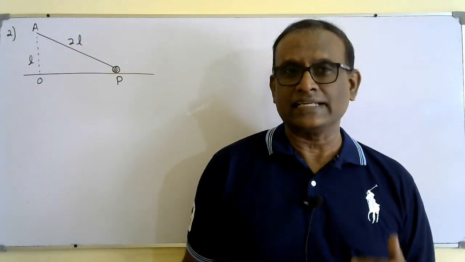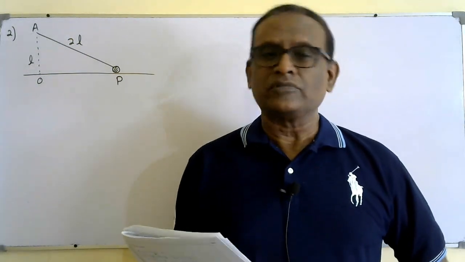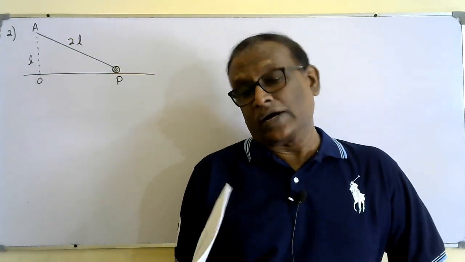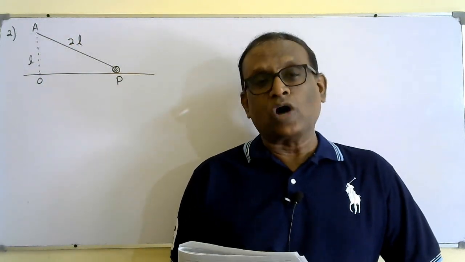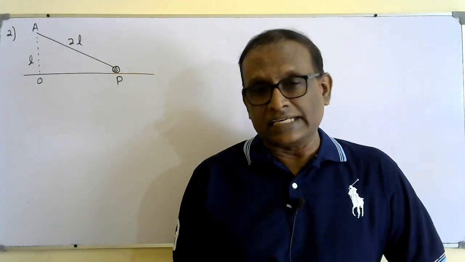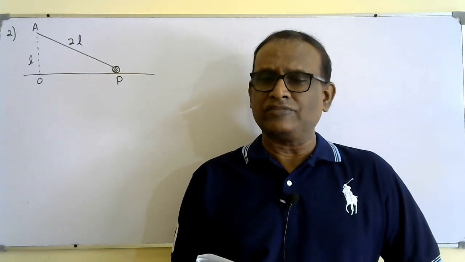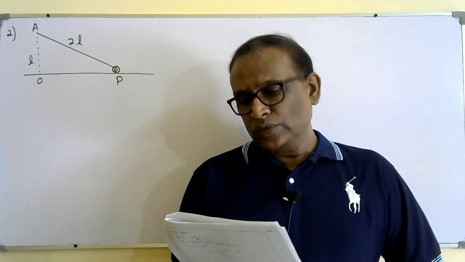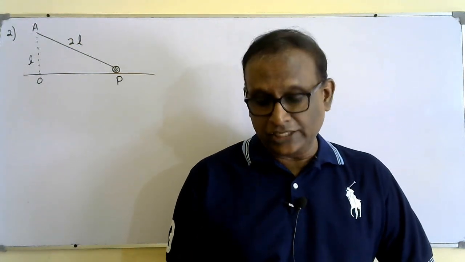So that means there is a real numerical value for the normal reaction from the floor. So the only thing you need to find is the expression for the normal reaction, capital R or capital N. If you say capital N is the normal reaction exerted by the ground on the particle, that should have a positive real value. It should be greater than 0. Equal to 0 is not good, because equal to 0 means it's not in contact. So I feel it's better to say capital N greater than 0. From that you will get the expression they ask to show, the inequality.